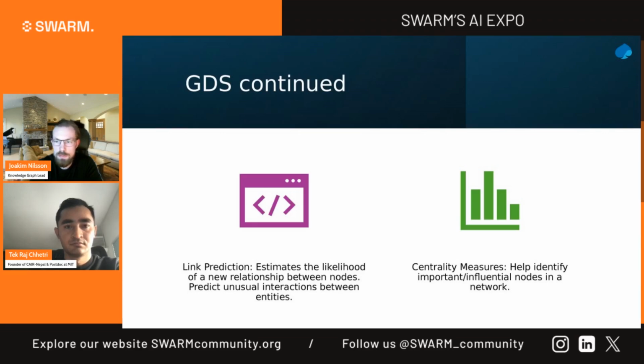Centrality algorithms help identify important nodes in a network. In fraud detection, high centrality nodes might represent suspicious accounts that are controlling a large part of a fraudulent operation, such as a payment mule or a coordinator.